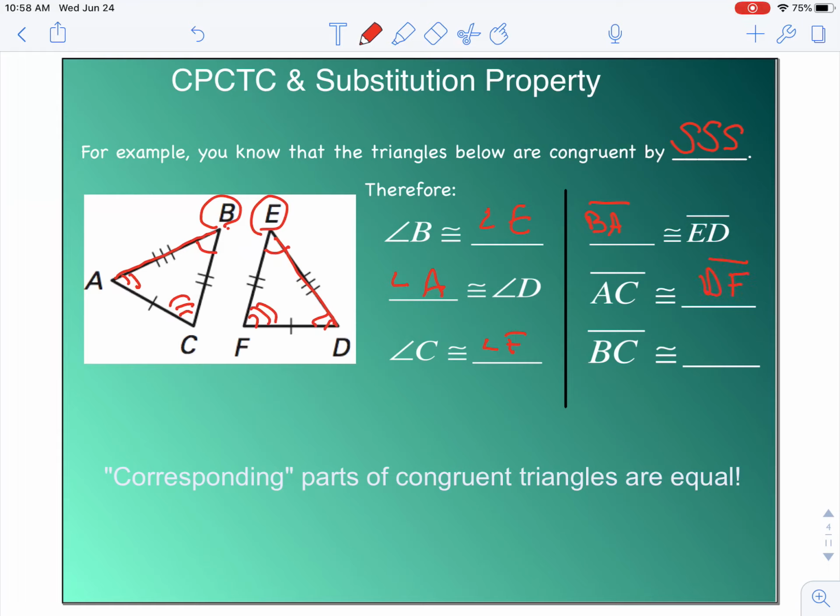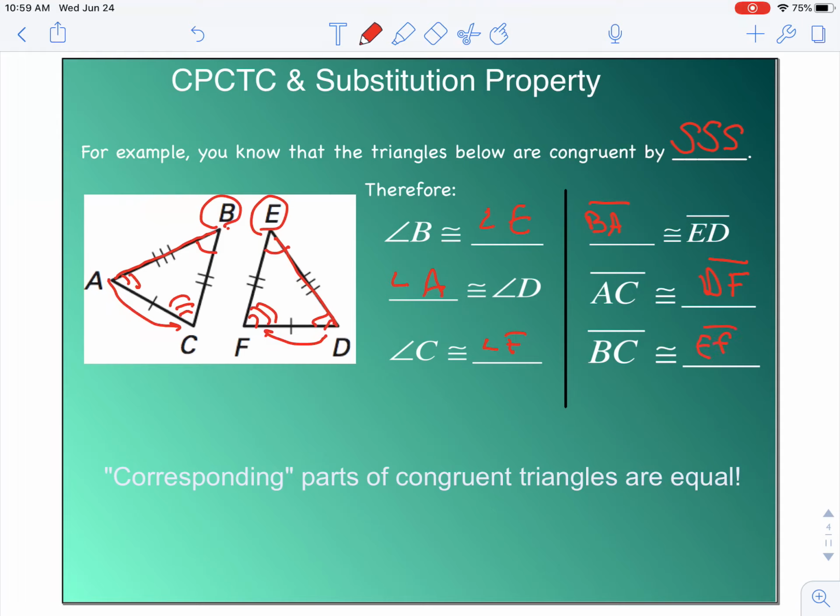Notice that I'm naming AC from the 2 over to the 3 tick mark angle, so I do the same thing over here, DF. Even though it's the same segment, that's the more common and appropriate way to name it. And last but not least, we have BC going from the 1 to the 3. Then on the other triangle it would go from the 1 to the 3 tick mark angle, EF.